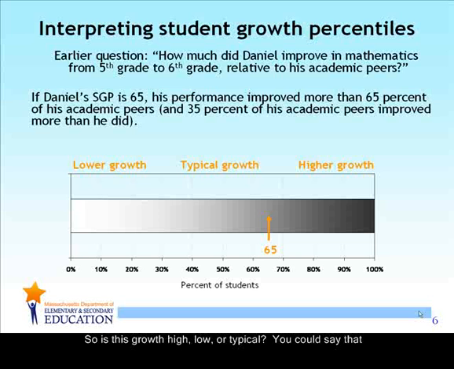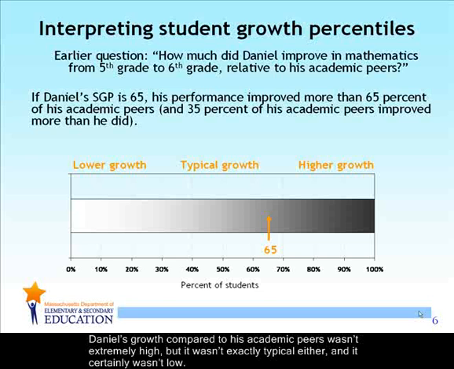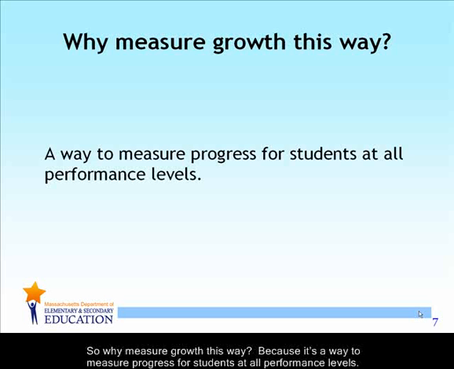So is this growth high, low, or typical? You could say that Daniel's growth compared to his academic peers wasn't extremely high, but it wasn't exactly typical either, and it certainly wasn't low. So, why measure growth this way? Because it's a way to measure progress for students at all performance levels.